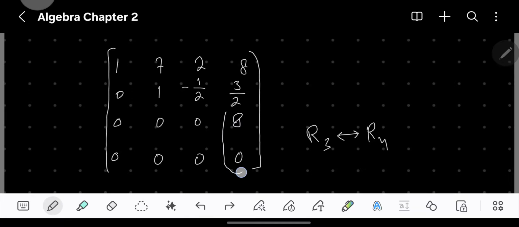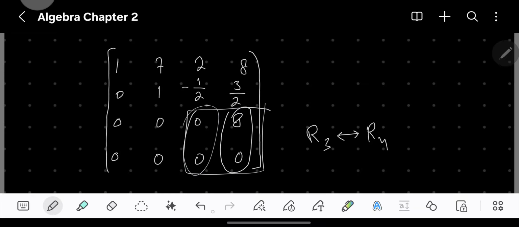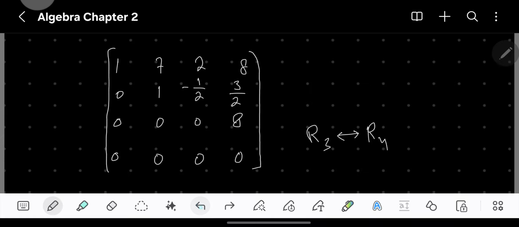Since this is our column and this is our submatrix, and we are working here, this is our pivot, because this is non-zero, and this is the pivot entry now. So we have to make it 1. How can we make this pivot 1? Of course, if I divide this row by 8, I can make it 1.